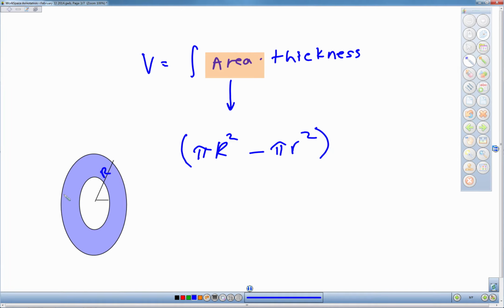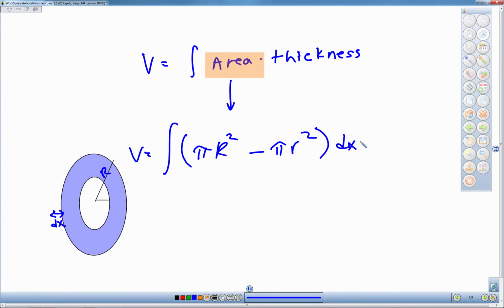That would be the area of one particular cross section. And since this is a vertical cross section and the thickness is a function of x, our volume is still going to be the integral of the area times the thickness. We just have a slightly more complicated integrand.